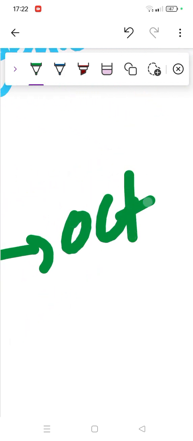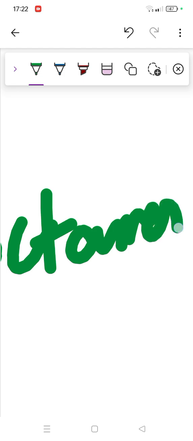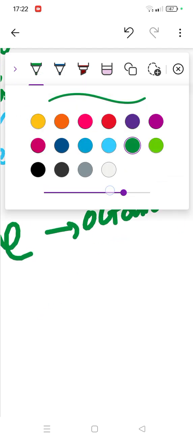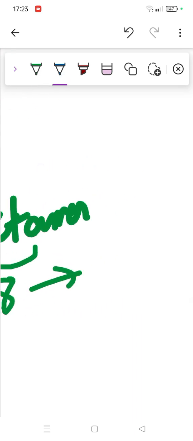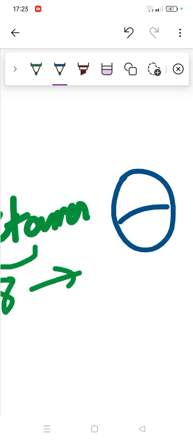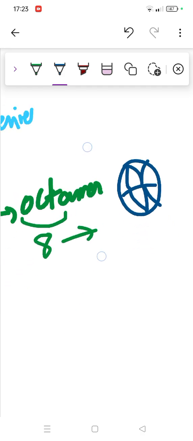This is an important MCQ. The word octa tells it's related to 8. So an 8-unit structure will be formed, right? I hope it will be clear now.